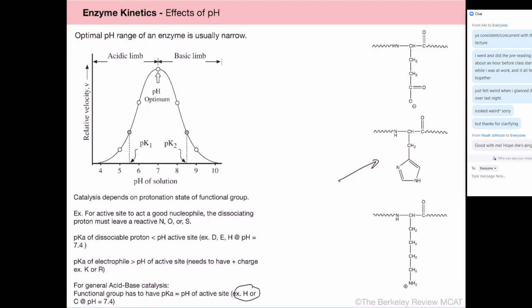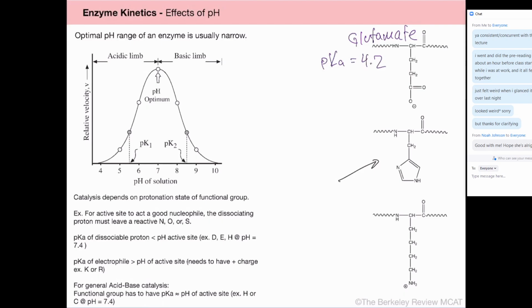So does this make sense to you guys at all? Here's glutamate up here, and the pKa is equal to 4.2.